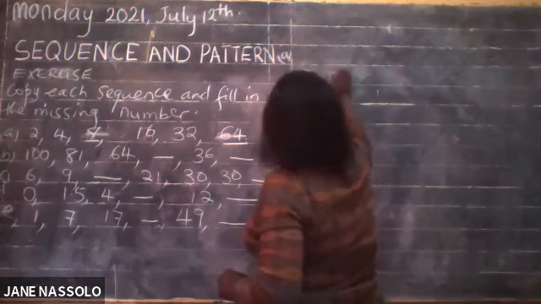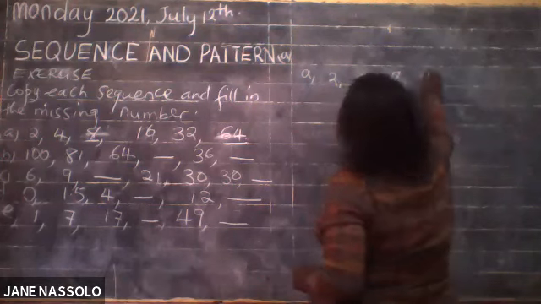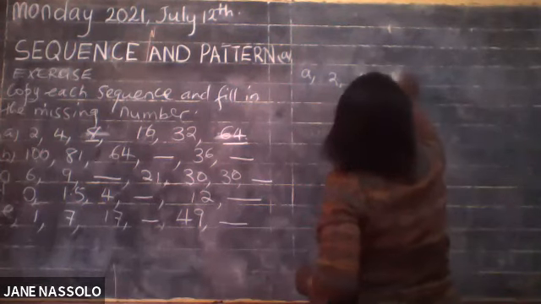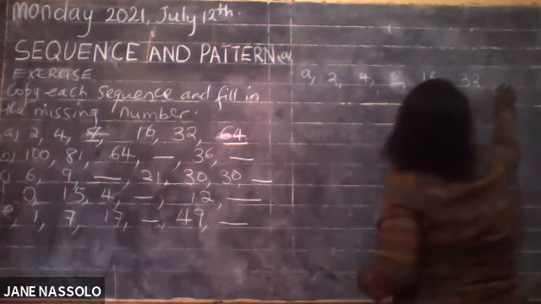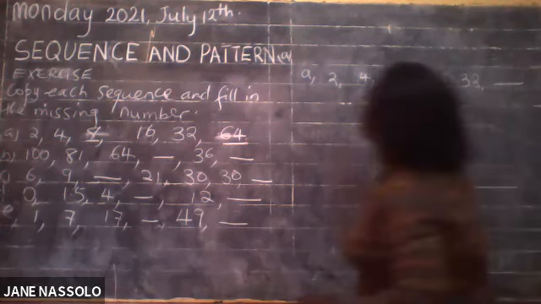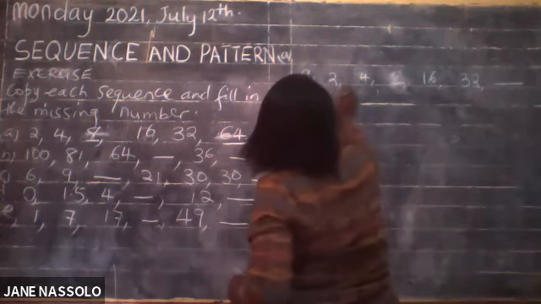We have 2, 4, 8, there was a dash here, 16, 32, and a dash here. According to the first person, it was times 2.